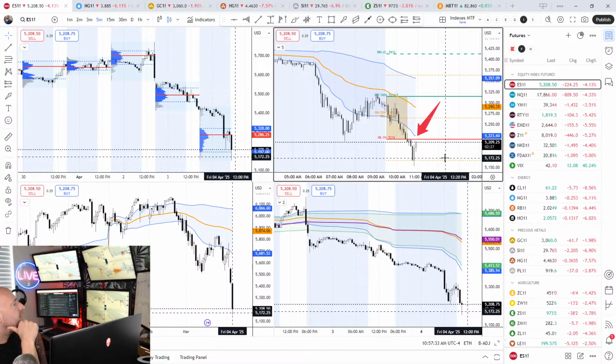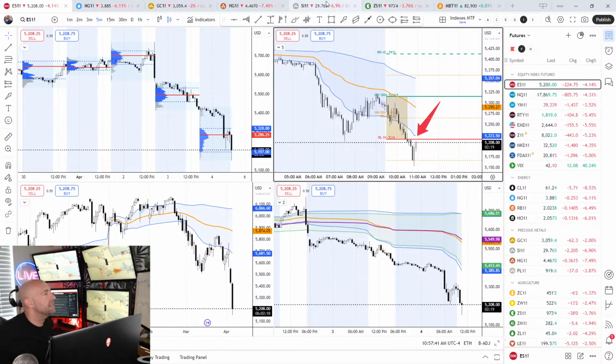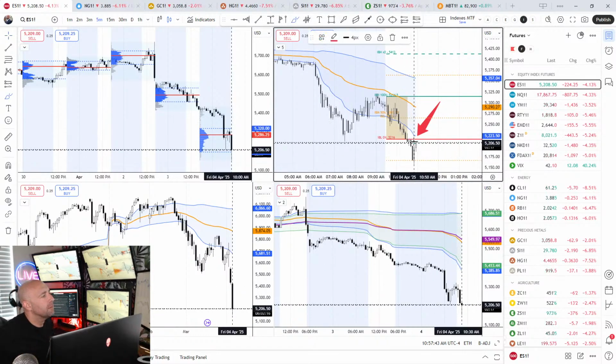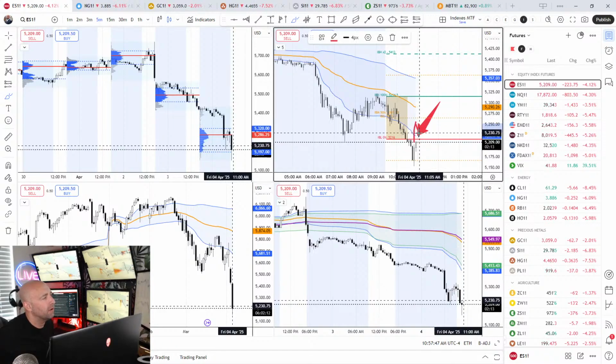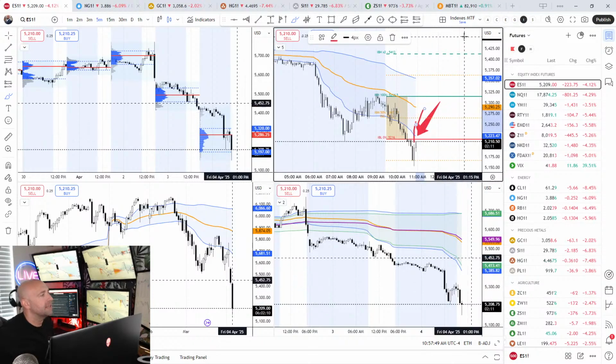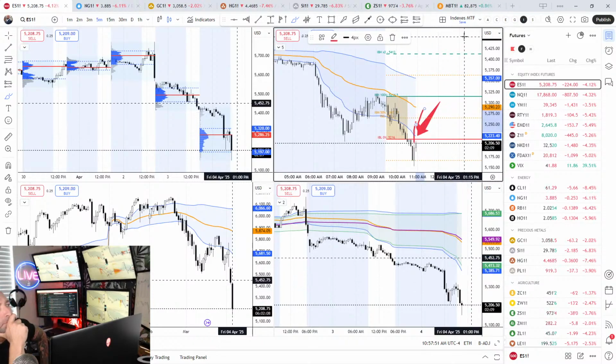So when I say I'm looking for acceptance, that means I'm looking for it to break in and then spend either time or distance up here before hopefully confirmation and then continuation to VWAP.